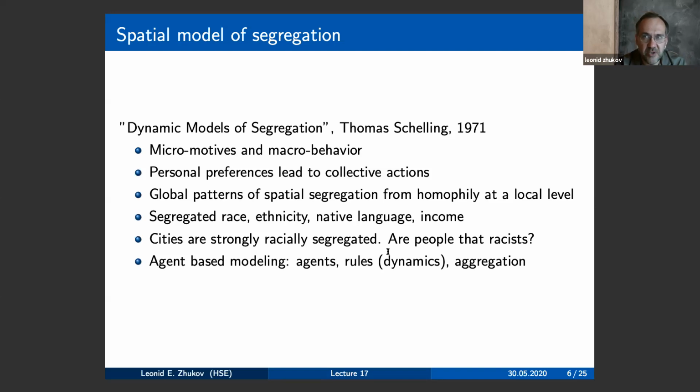The local action of everybody going onto the streets can actually flip off the government, right? So a simple, small action of every person can have very big macroscopic consequences to the system. And this change in personal preferences can lead to strong collective actions.